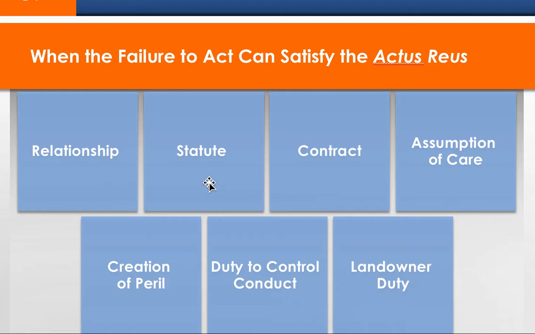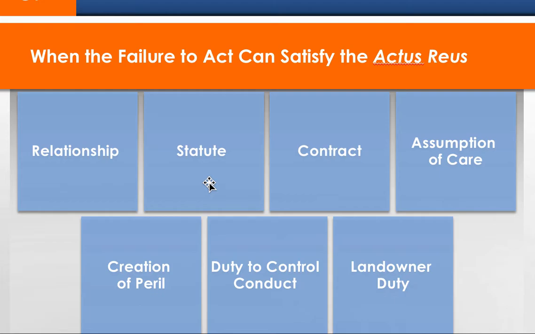So when can a failure to act satisfy actus reus? What we saw in that example a minute ago was the relationship, the contract, the duty, the assumption of care, or some sort of statutory requirement that causes someone to have to act. An oath, a parent, some sort of relationship or binding legal contract, a landlord, a landowner, something that was known to be perilous.